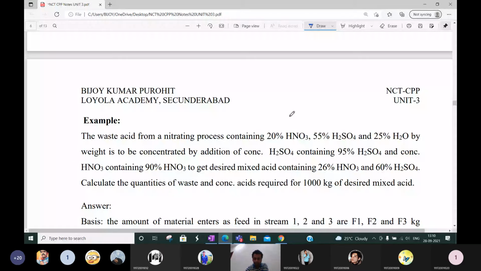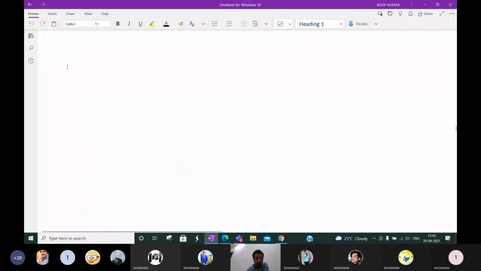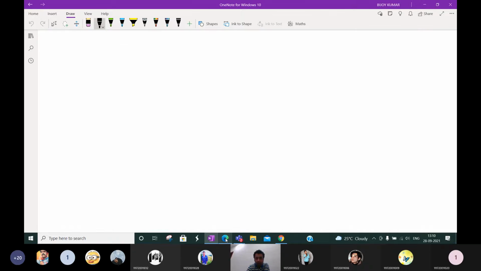So let us draw the diagram first. A certain nitrating process is there. One process stream is there in which we got 20% HNO3, 55% H2SO4 and 25% H2O.